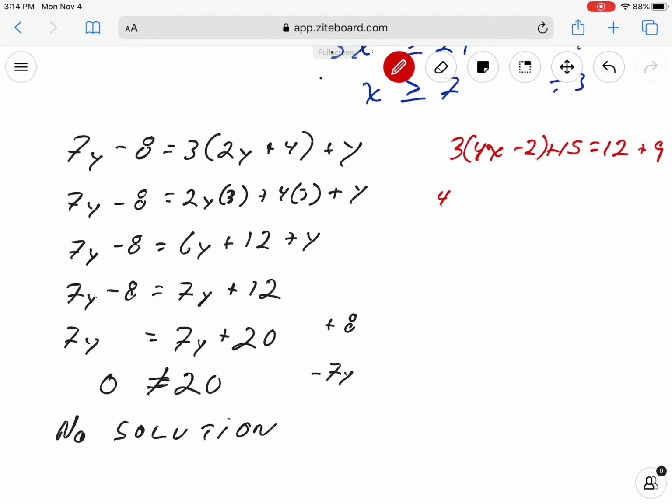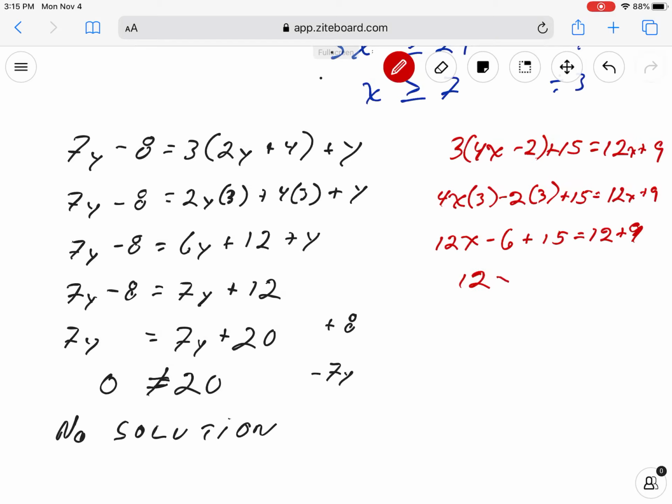So I have the 4x times 3 minus the 2 times 3 plus 15 equals 12x plus 9. So this is 12x. And this is negative 6 plus 15 equals 12x plus 9.